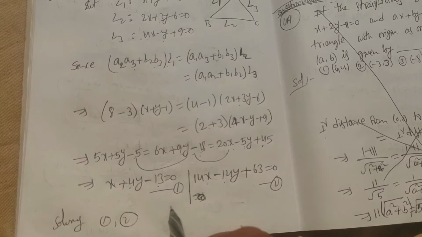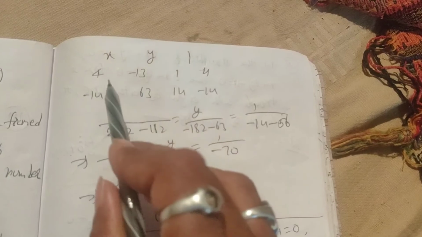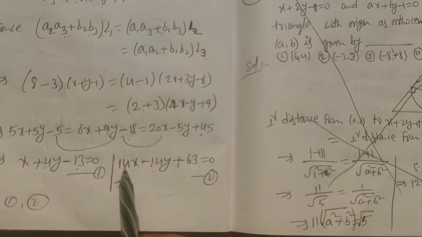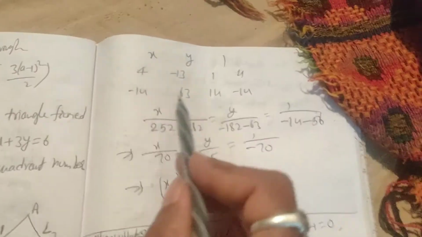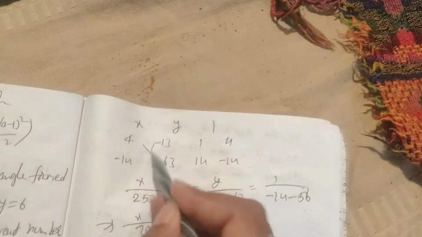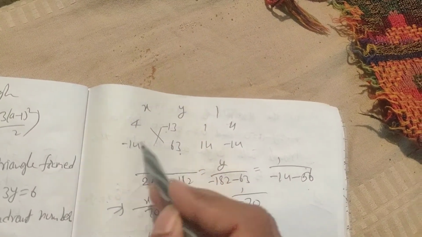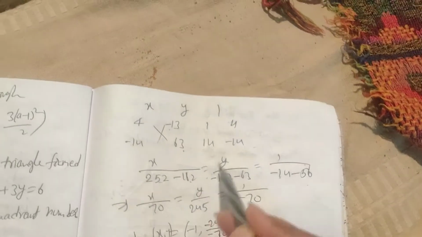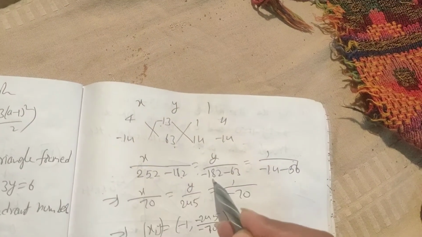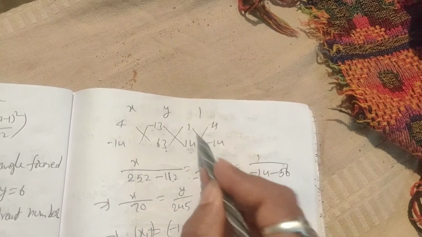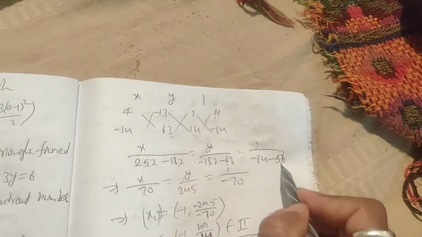If you solve these two equations by the cross multiplication method, or any method you like: x, y, 1; 1, 4, minus 13; and minus 14, 63. Cross multiplication: x by 4 into 63 is 252, minus of minus 13 into minus 14, 13 times 14 is 182, is equal to y by minus 13 into 14 minus 63, is equal to 1 by 1 into 14 minus 56.